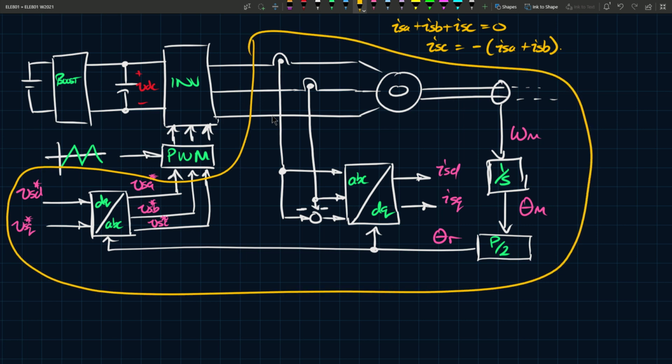The inverter and the boost converter, we're idealizing them, saying they're approximately equal to 1 and perfectly ideal, which is a fair approximation. For the most part, they are pretty close to ideal if designed properly.